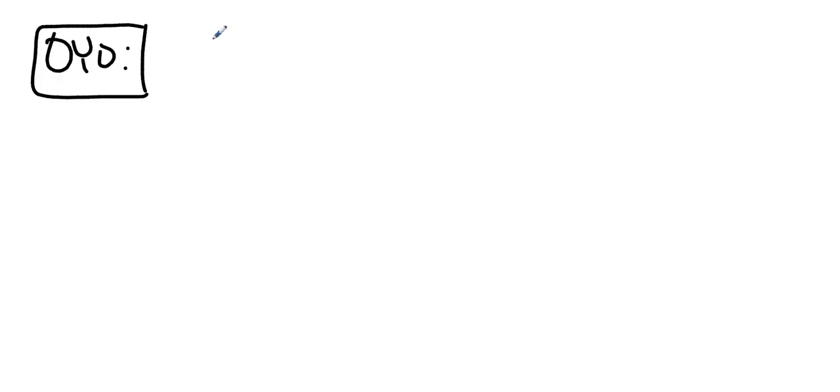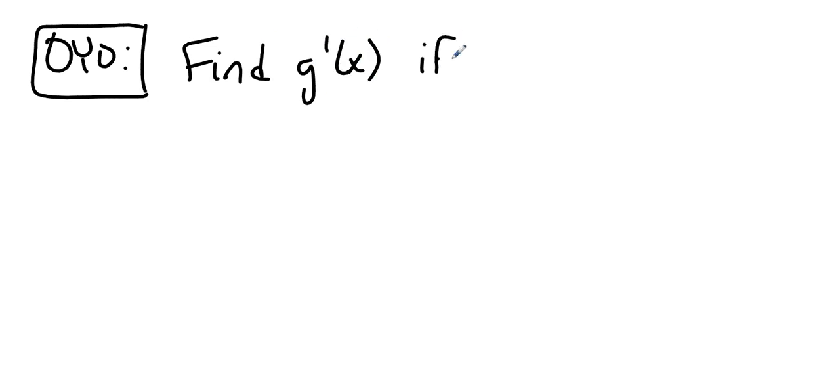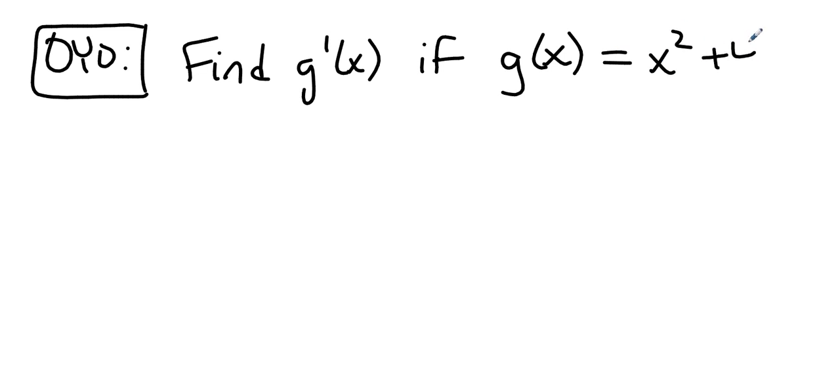I've got a quick OYO for us to do, something that we're going to want to consider before we gather. You should know how to do the algebra. You should find g prime of x if g of x is x squared plus 4. You should know how to find a derivative.